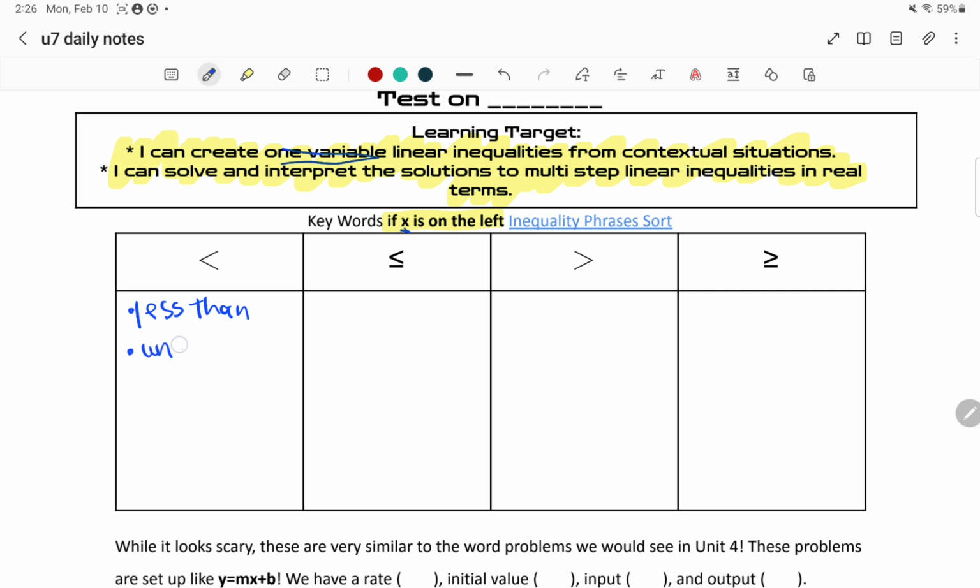and under. Delta Math will use both of those. Less than or equal to has the phrase less than or equal to. One that I've seen is at most, then no more than.